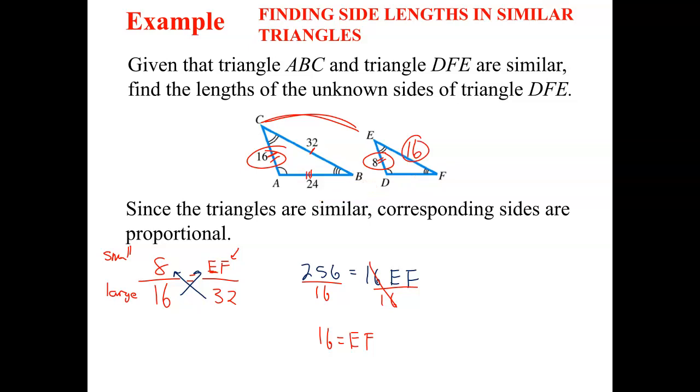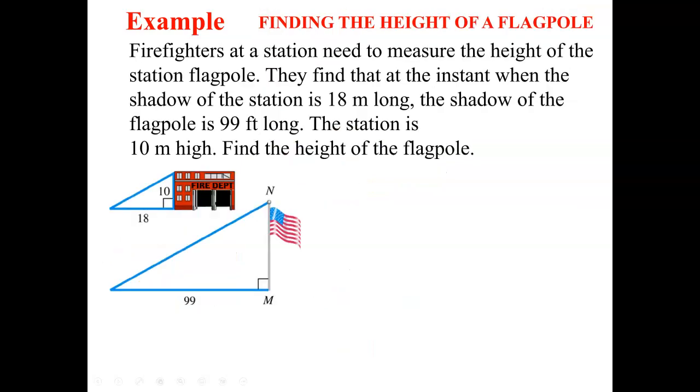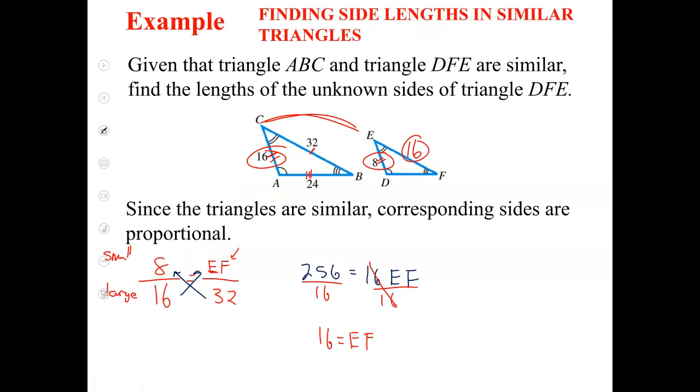Now I need to find DF. So I'm going to set up the same proportion, but I'm just going to change it, because I still have that first ratio to start. So for DF, I need to find what side corresponds to DF.